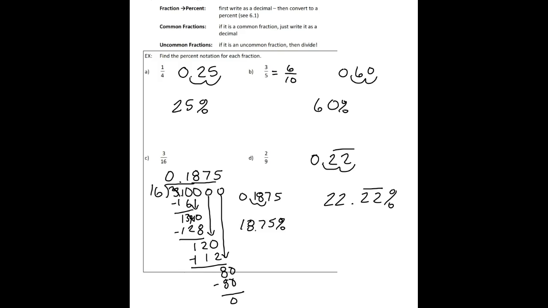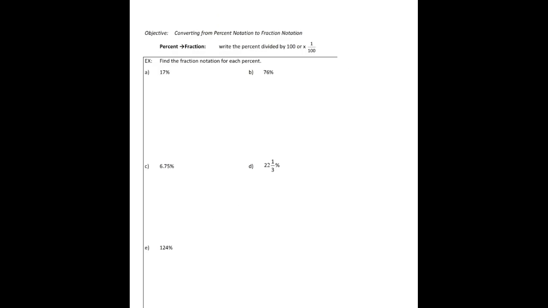Now similarly, we are going to go from percent notation back to our fraction notation. We write the percent divided by 100, or we write it as times 1 over 100. Divided by 100 and multiplied by 1 over 100 is the same thing. So 17%, remember percent means divided by or per, meaning divide by 100.